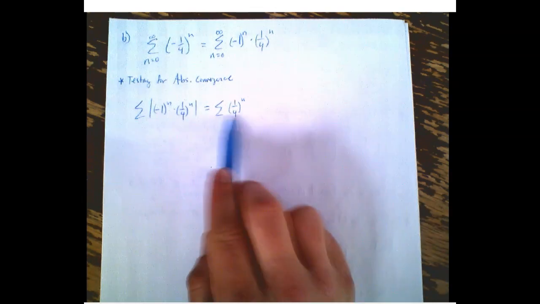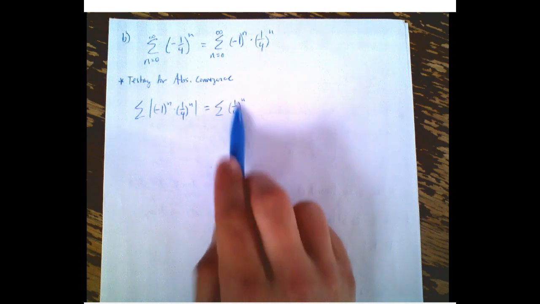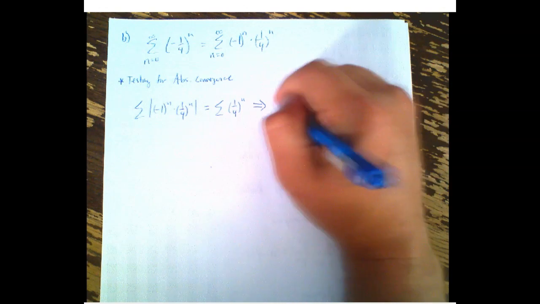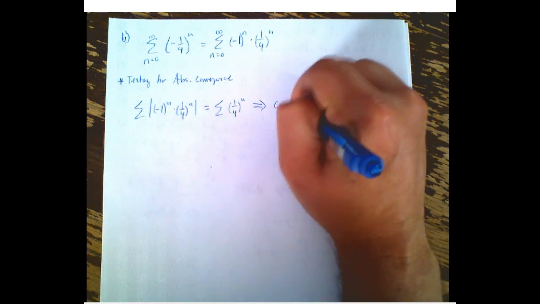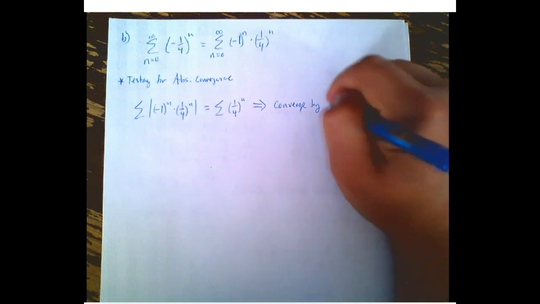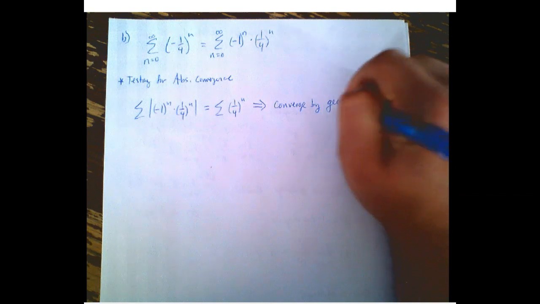Well, note that this is a special type of series, right? This is a geometric series. It's just a ratio being raised to a power. And we know that this will converge by geometric series test.